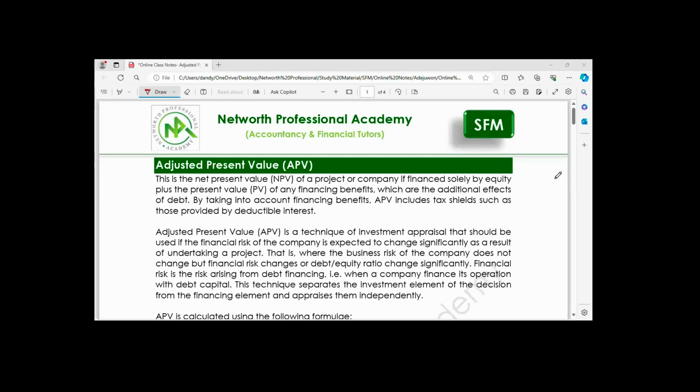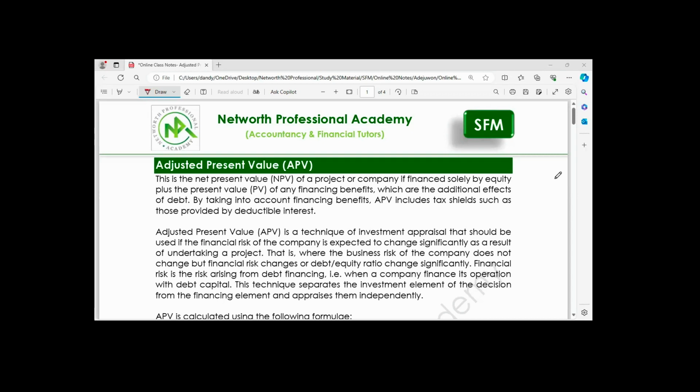However, the only thing that makes APV distinct from NPV is if in the question you are given issue cost or subsidized loan. Once you see issue cost or subsidized loan, you need nobody to tell you that you are supposed to evaluate using adjusted present value.